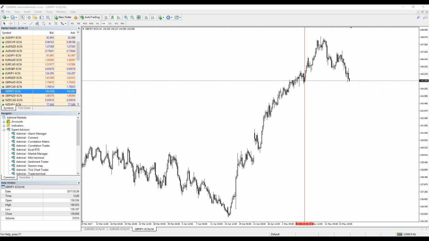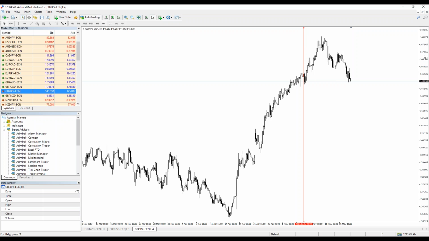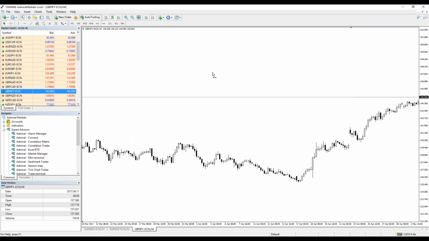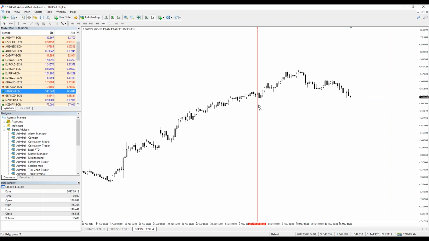Yeah, euro dollar is dropping. That's also what I want to see, at least from this spot. But who knows? Let's see. Okay, 12 o'clock. Okay, 5th of May. I will do this. I just need to zoom in a little bit.